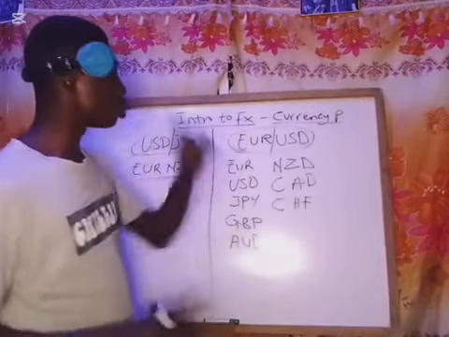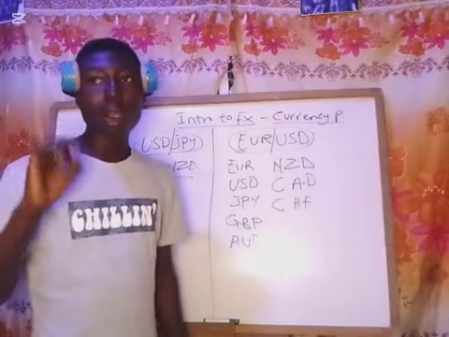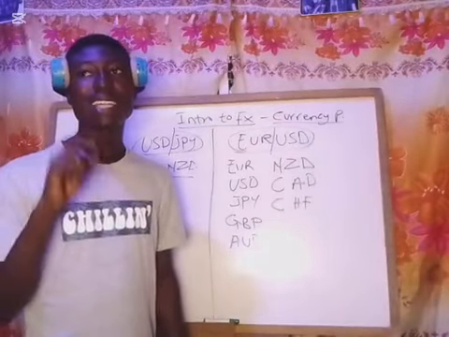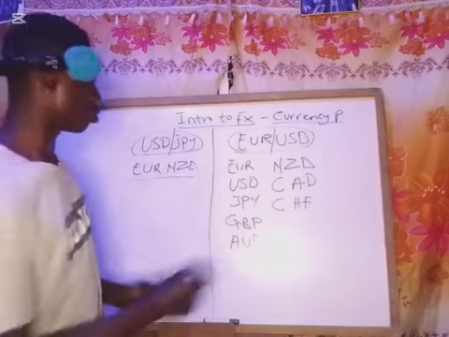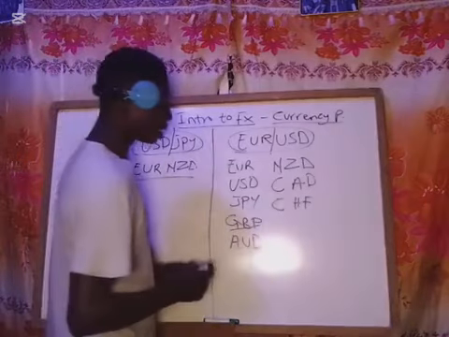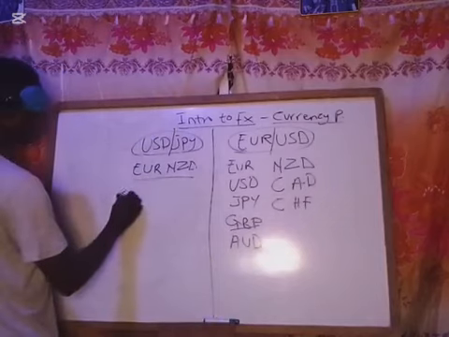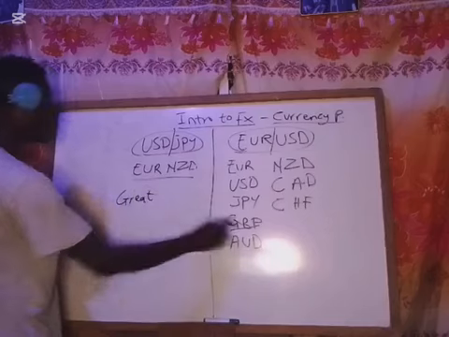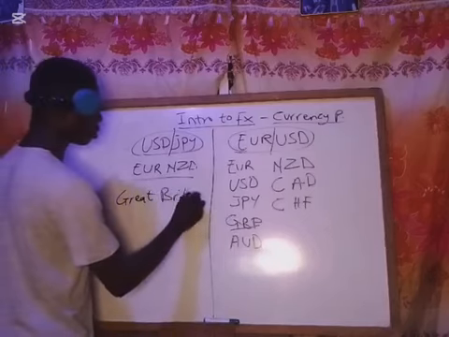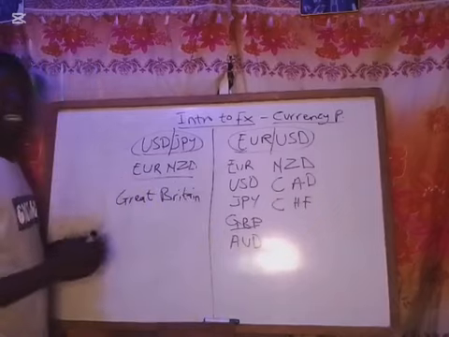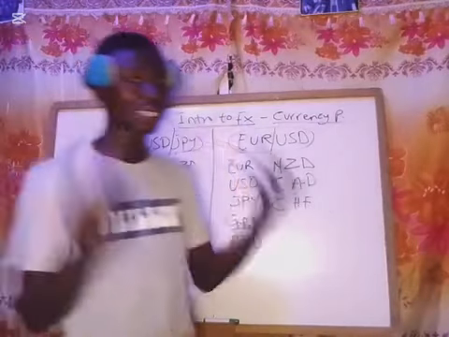Now this is what I want you to understand the most. I said that all currencies are indicated by their own country code. Let me take it for instance. When you take GBP as an example, the G stands for Great, the B stands for British or Britain. That's the country, Great Britain. What do they spend?